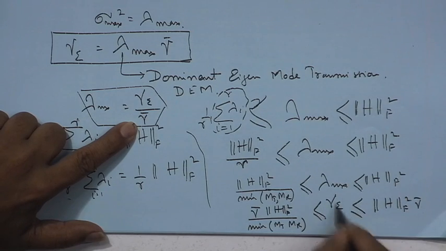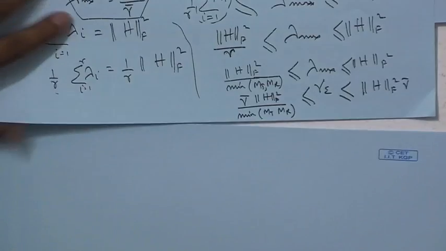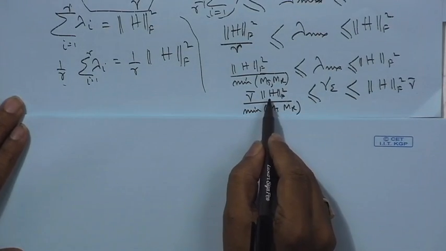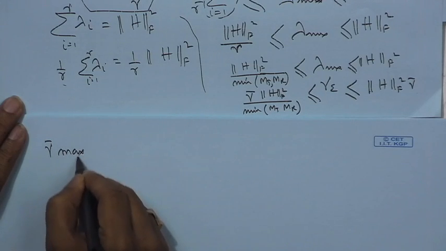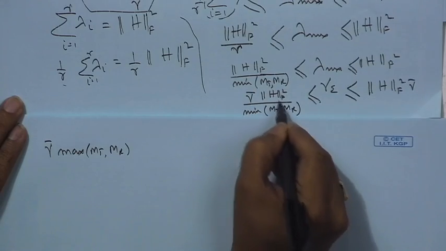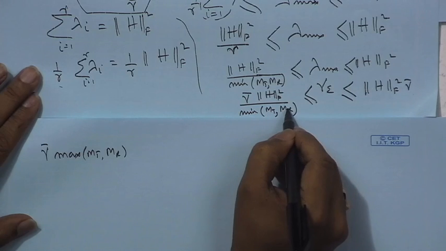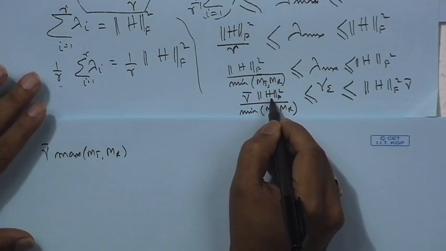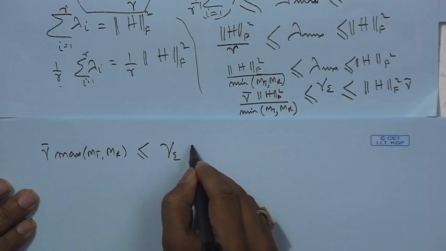So we are saying that the combined SNR lies within this range. This is the range within which gamma sigma lies, and then we can find the range of probability of error from this expression. Now, in case this is full rank, we could say this is gamma bar times max of MT, MR. In case of full rank, this is MT times MR. So if it is MT times MR, when divided by the minimum of MT or MR, we have the max of MT, MR, and this is the range of gamma sigma.